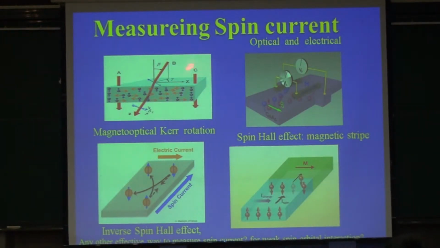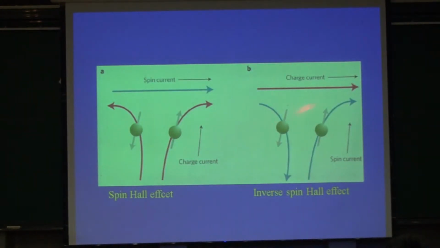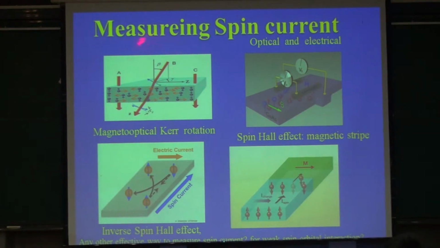So right now people also use the inverse spin Hall effect to measure the spin current, because you can use the inverse spin Hall effect to convert the spin current into the charge current. So actually, we can use this way to measure the spin current. We used to use the optical way and the electrical way. The optical way is magneto-optical rotation.